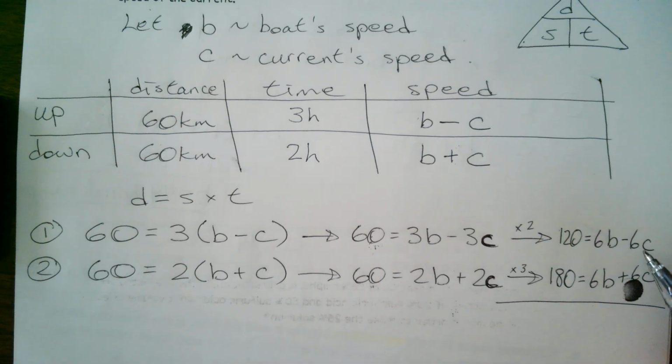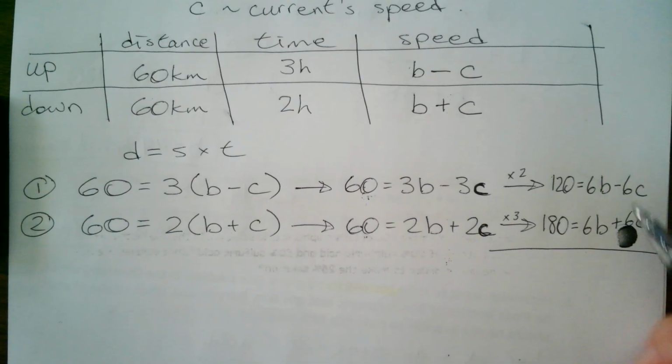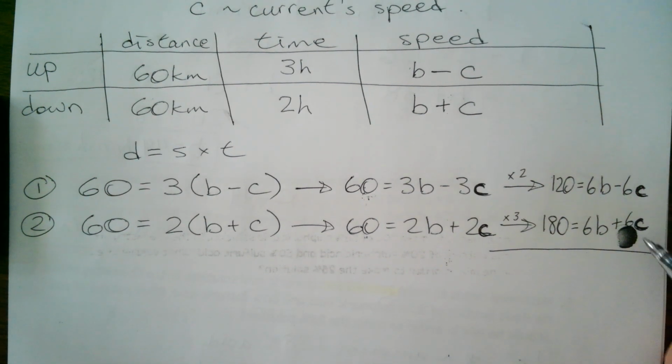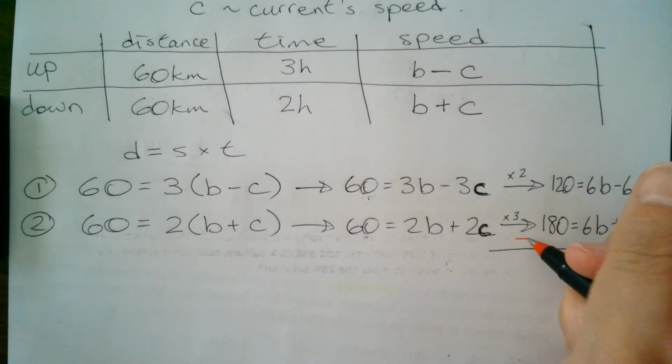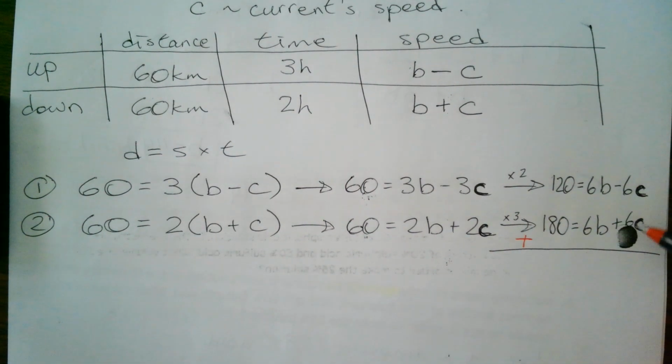Okay, so to get rid of the C's, should I add or subtract? To get rid of the C in particular, should I add the two equations or subtract the two equations? Not everybody at once. Right, Kelly? I should add them to get rid of them.